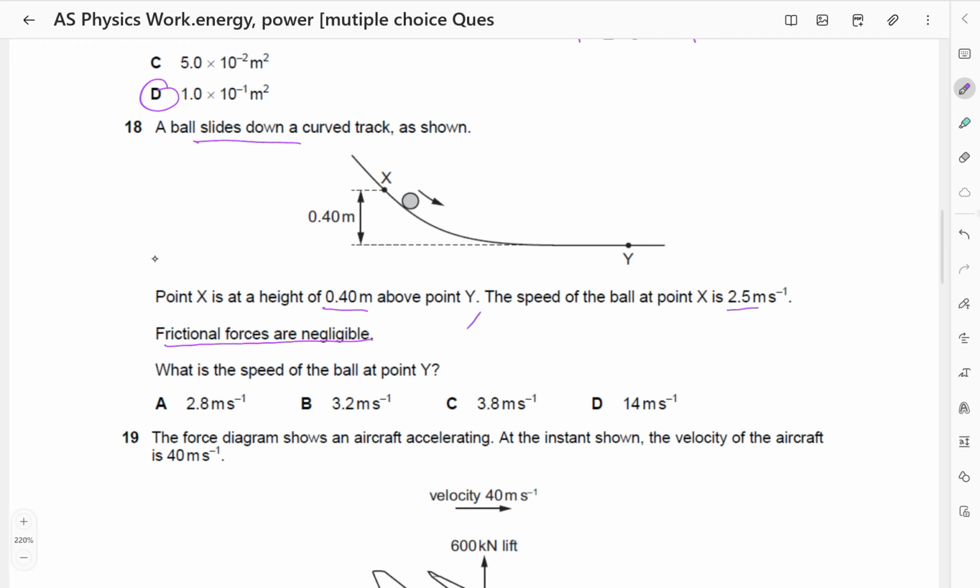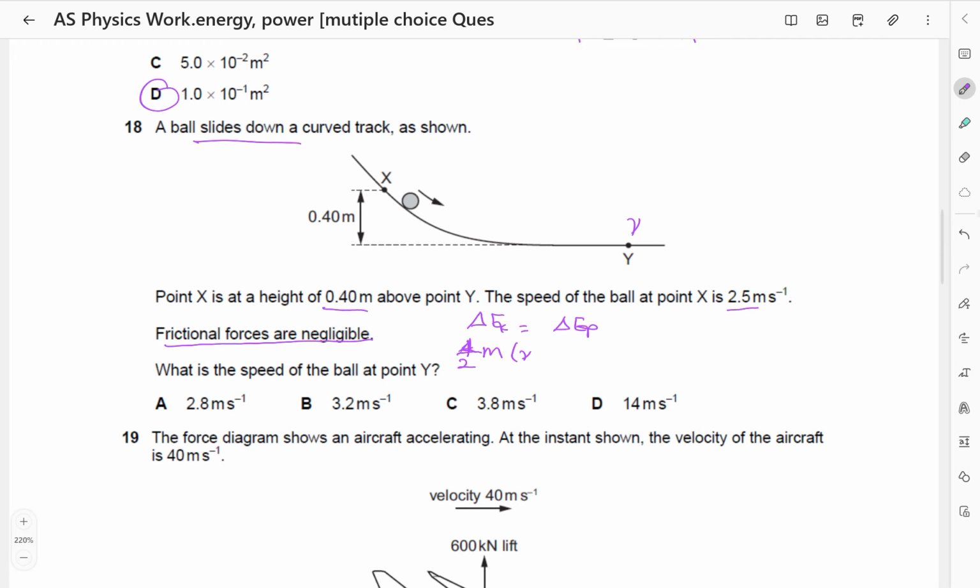So we are going to simply say the change in kinetic energy is going to be equal to the change in potential energy. We want the speed of the ball at point Y. At point X it has a speed of 2.5, so that is also very easy. So a half m, velocity changes from 2.5 to another value, which we shall call v.